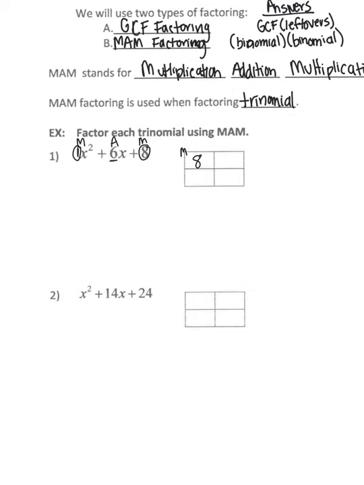Then my A term, my add term, is going to go in my next box. The A, my add column, is 6. So that's our first step to fill in those two boxes. Then my next step over here is to make a list of possibles.